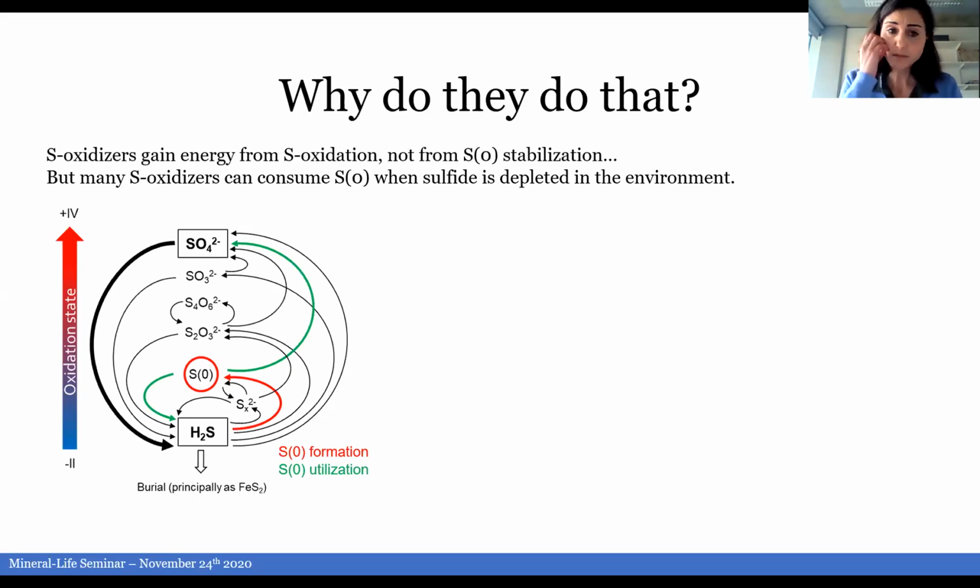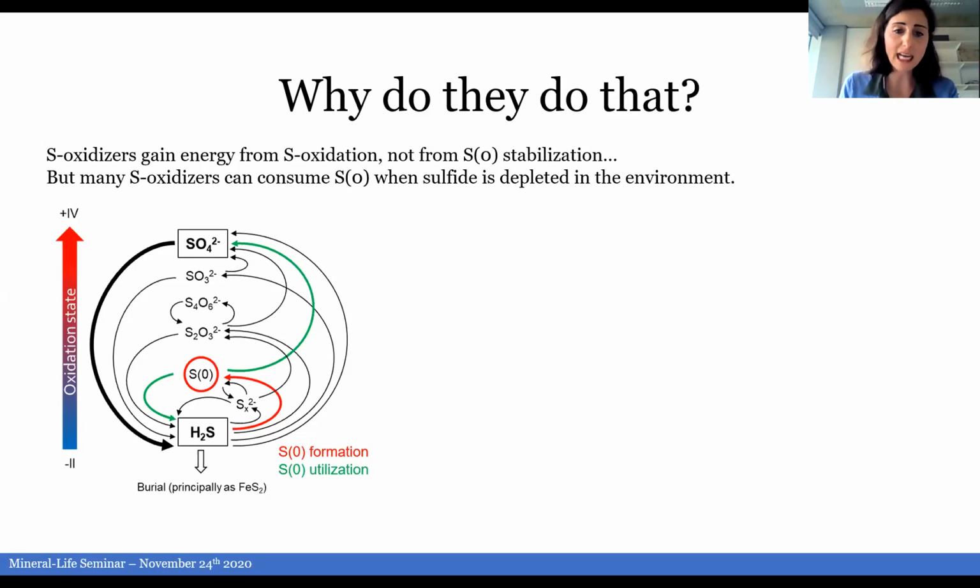However, if we go back to this sulfur cycle, there are many sulfur bacteria that can actually consume elemental sulfur. So it is not only a metabolic product, for other bacteria and even for sulfur-oxidizers, it can also be a metabolic substrate.